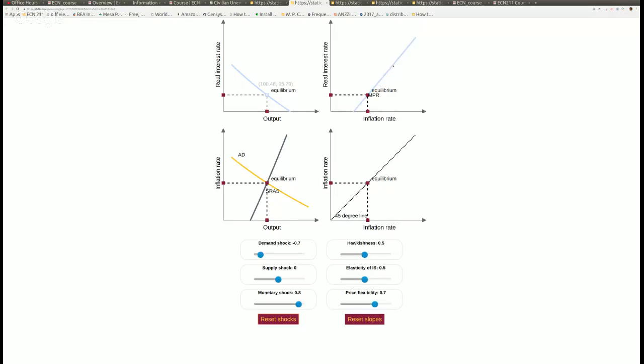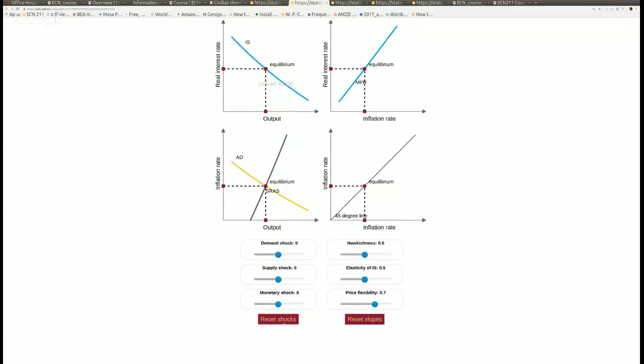So let me just reset the shock so that we're back to the initial position. What the central bank really does is stimulate aggregate demand by making borrowing cheaper in this simple model. Now, there are other things that lower interest rates will do. For example, if you work for a company, often the company pays you before it gets the revenue generated by your work.